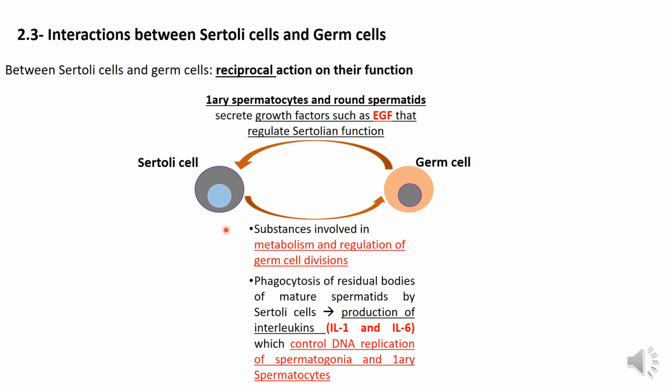So the Sertoli cells produce cytokines, growth factors, and metabolites responsible for the germ cells division and meiosis, and they also serve as a nutritive support for those germ cells by the substances and metabolites that they produce.